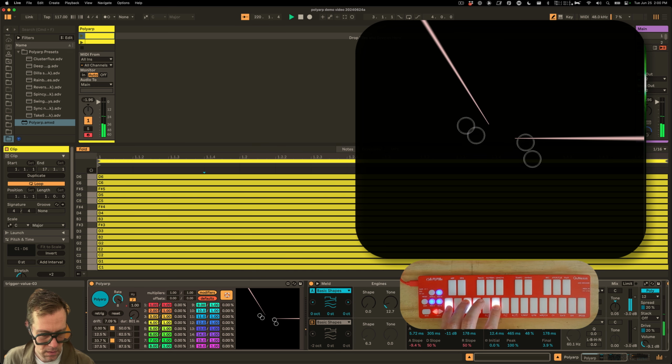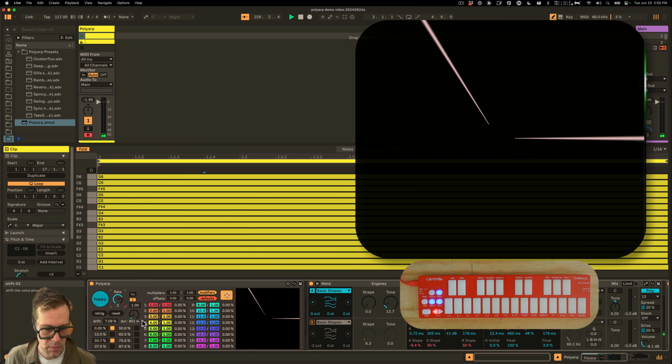So that's roughly 1/3 of the way through the cycle. And that can be interesting, especially because some of these ratios can be set to negative numbers.